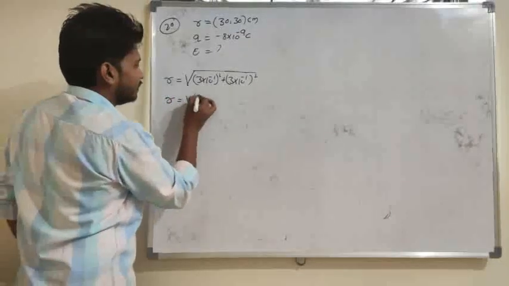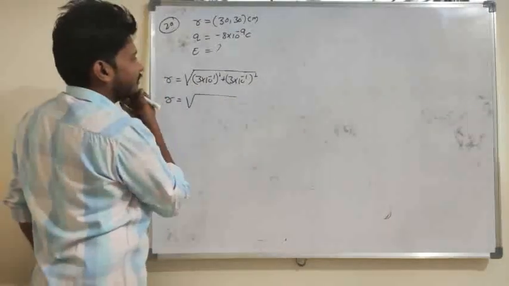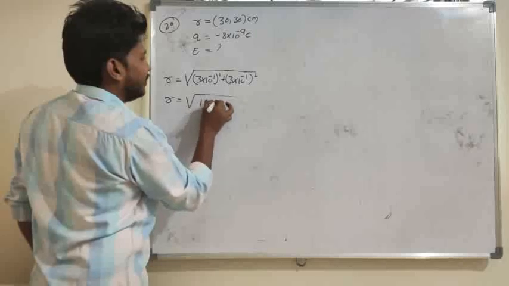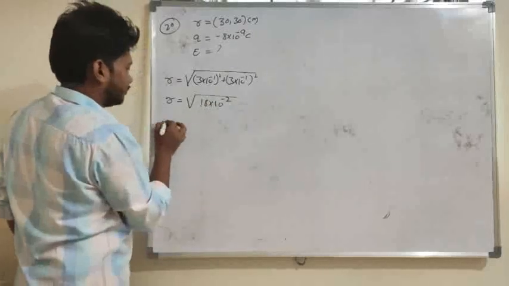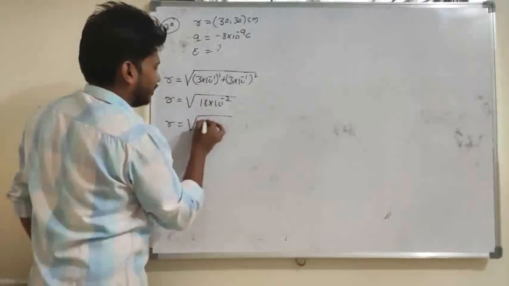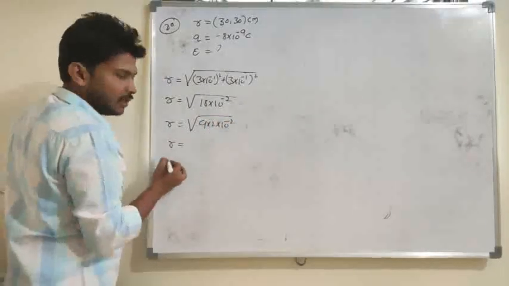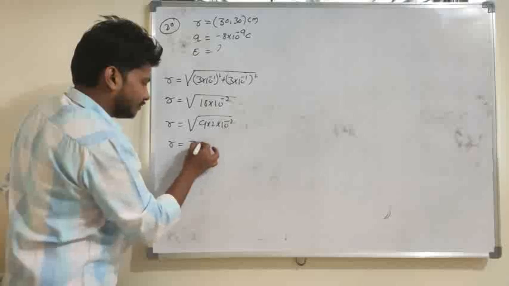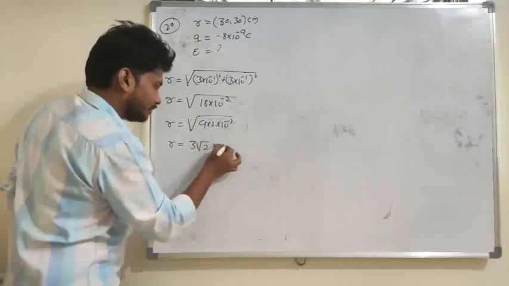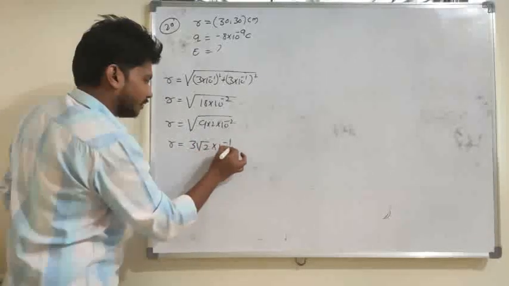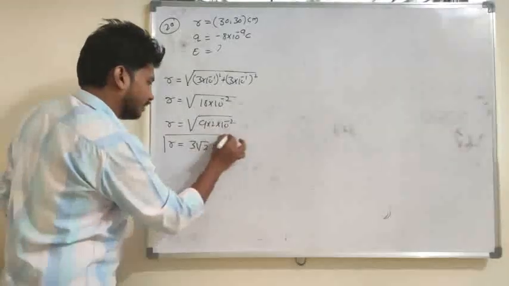So that is nothing but 9 plus 9, that is 18 into 10 to the power of minus 2, or I will write 18 as 9 into 2 into 10 to the power of minus 2 here. So R value is equal to 3 into root 2 into 10 to the power of minus 1 meter here.